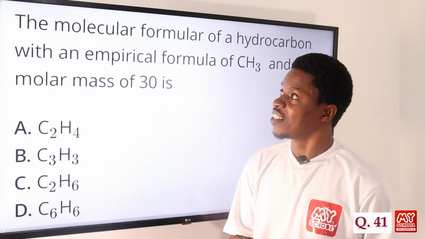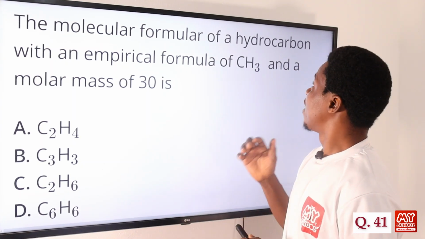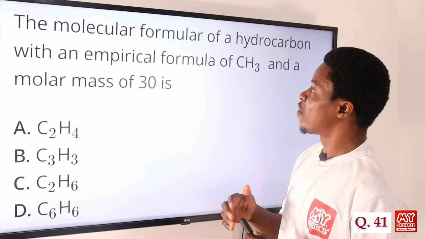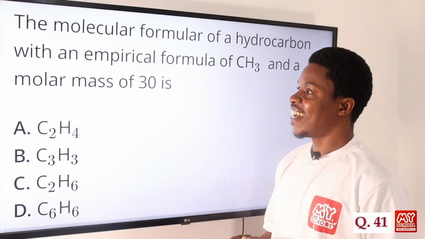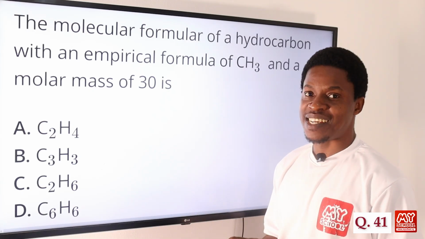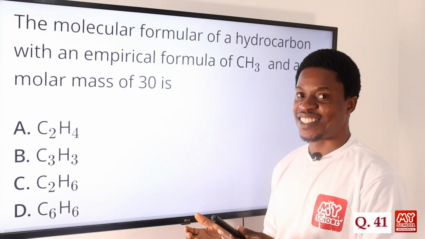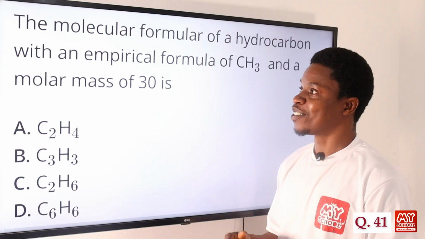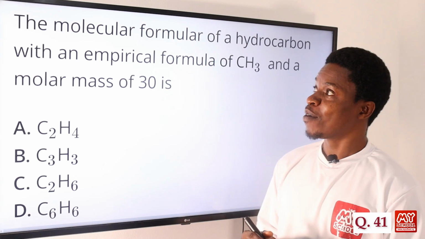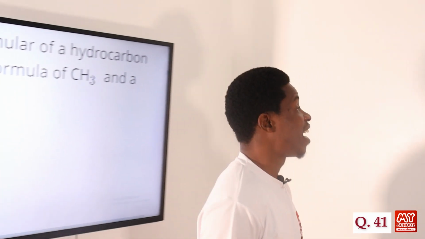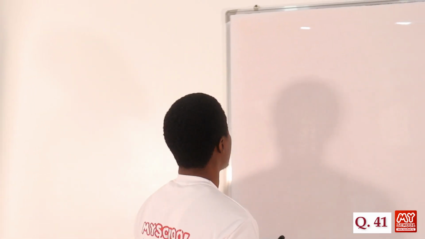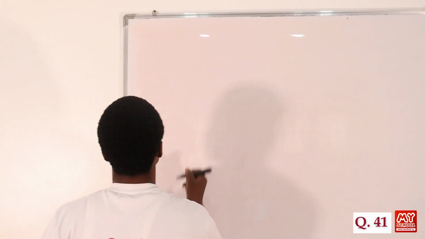Question number 41. The molecular formula of a hydrocarbon with an empirical formula of CH3 and a molar mass of 30 is what? Of course, this should also be an easy question. So let's move over to the board and see what we have. Molecular formula is what we want to solve for, and we're given CH3, which is the empirical formula.